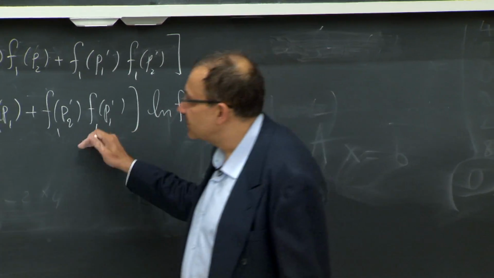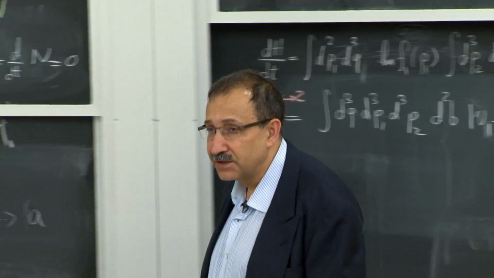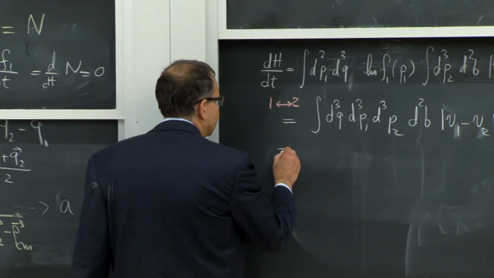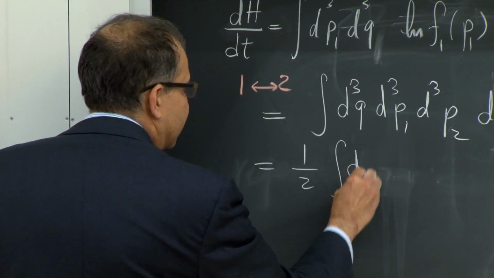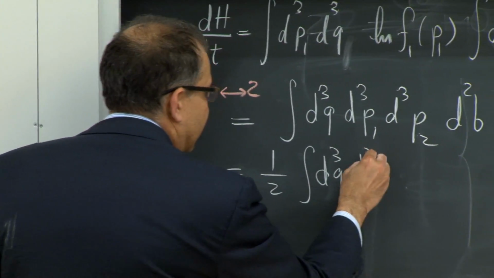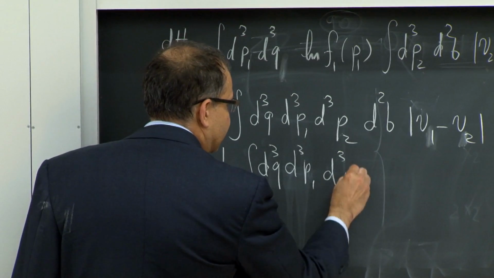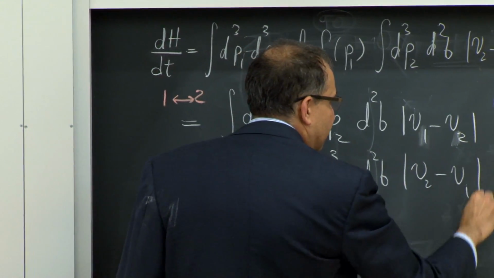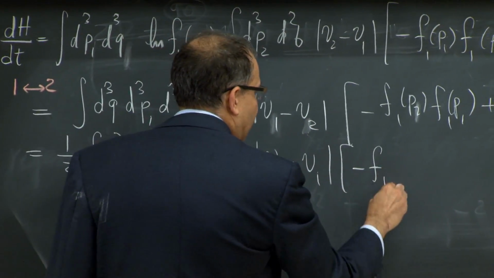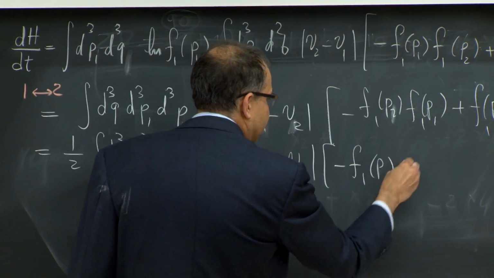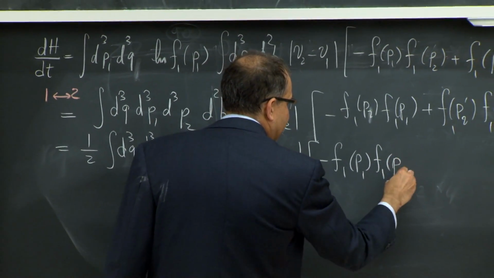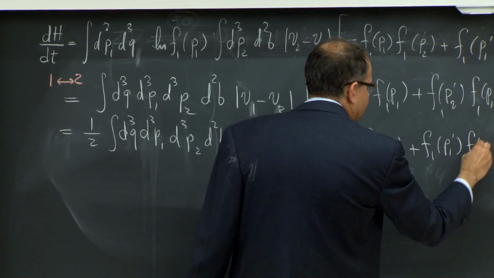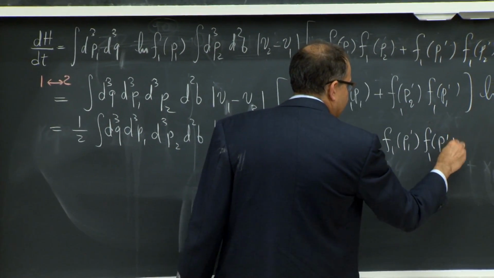And if I take this and the first way of writing things, which are really two ways of writing the same integral, and just average them, I will get 1/2 an integral d cubed q, d cubed p1, d cubed p2, d2b, v2 minus v1. I will have f1 of p2, p1, f1 of p2, plus f1 of p1 prime, f1 of p2 prime.